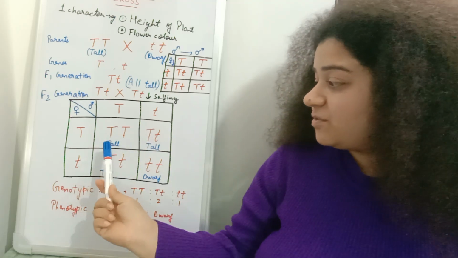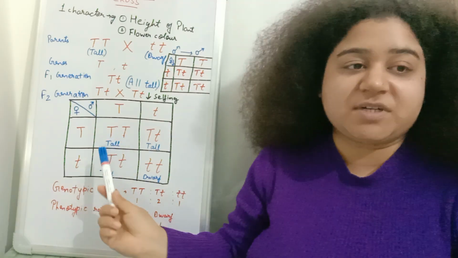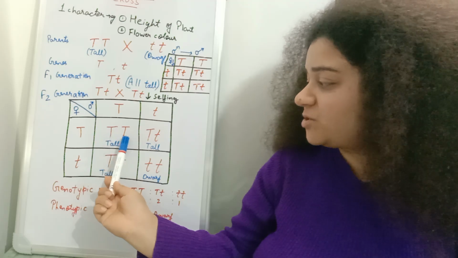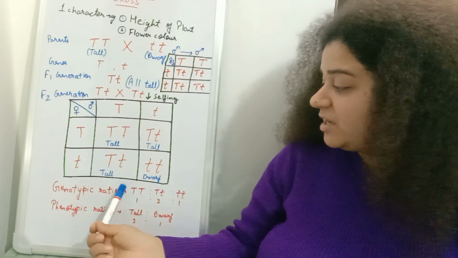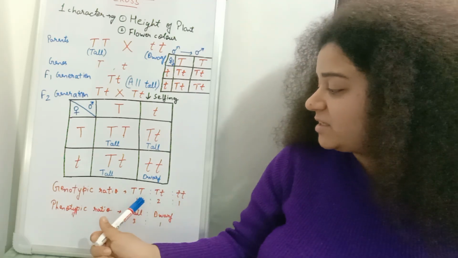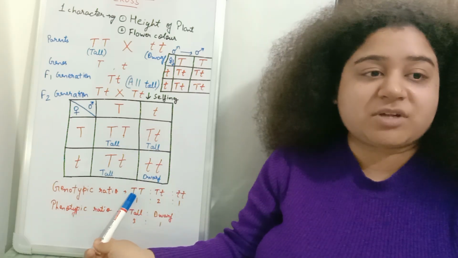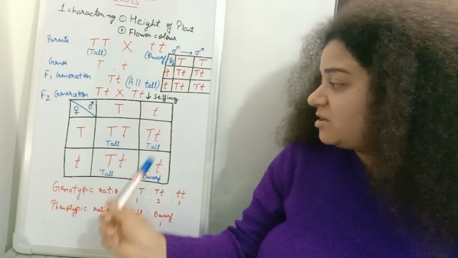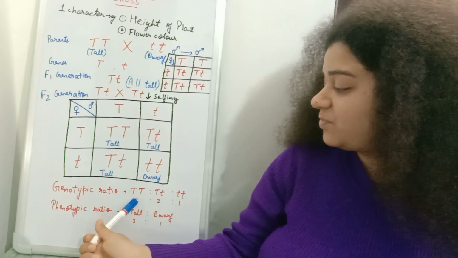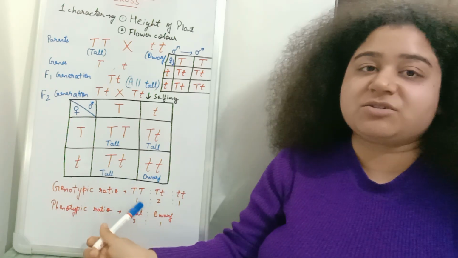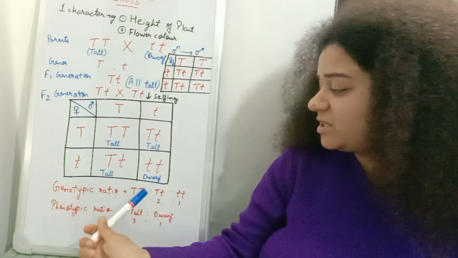We will place all the different types of crosses that we have made, homozygous dominant, heterozygous dominant, and homozygous recessive, in one line. Then we will count the number of plants formed for each genotype and place the number beneath it. So this will be your genotypic ratio.